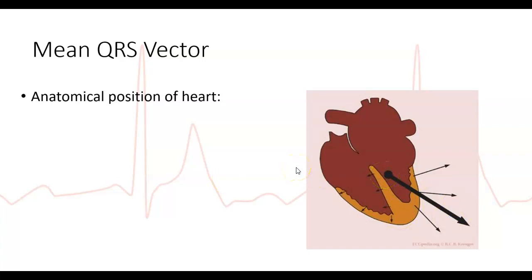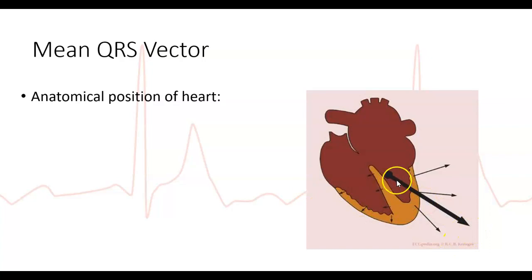In a heart that is positioned anatomically correct, the apex of the heart is positioned down to the left and slightly anterior. So the heart is pointing down, slightly to the left, and slightly anterior. The mean QRS vector, which represents depolarization of the ventricles, would point in the same direction as the heart.